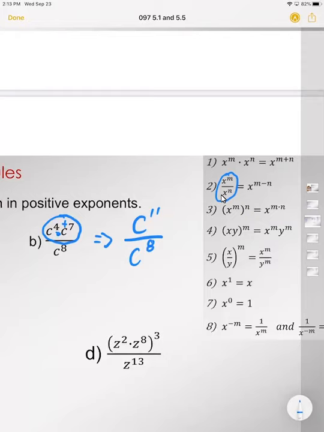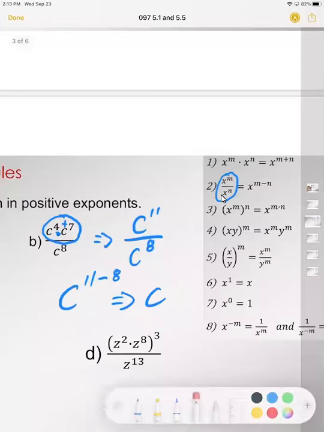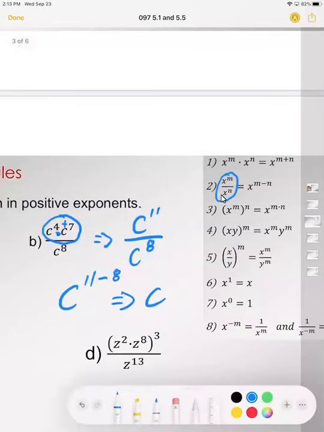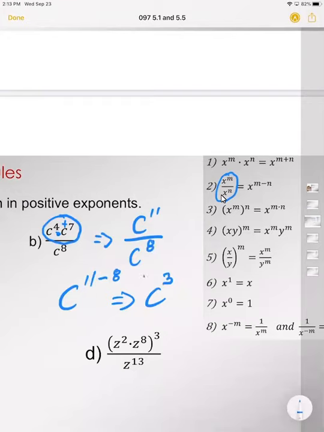So 11 minus 8, not 4, but 3, gives me the answer C to the 3rd power. As you can see, there's nothing else we can simplify. There's no other rule, and because the exponent is positive, I got the answer.